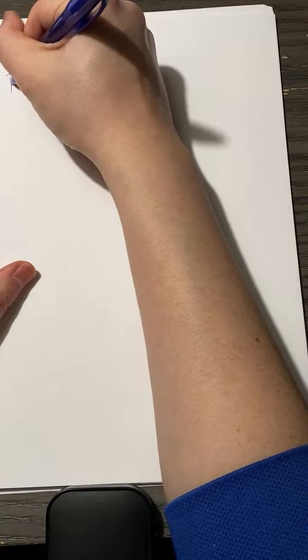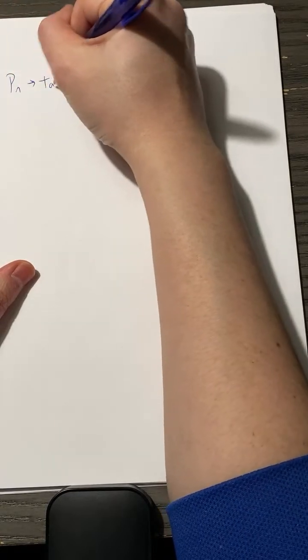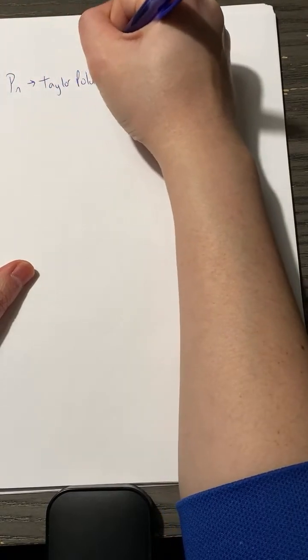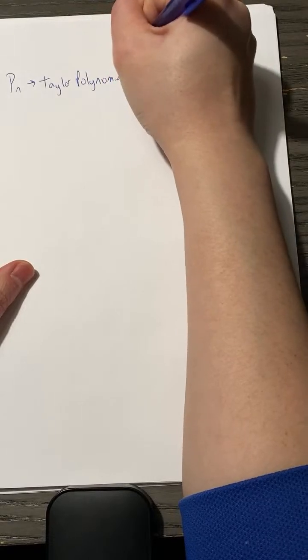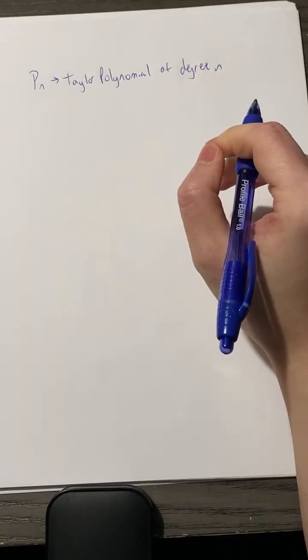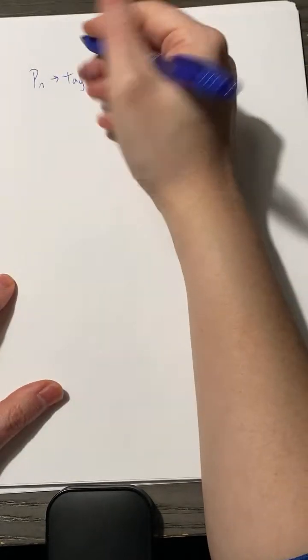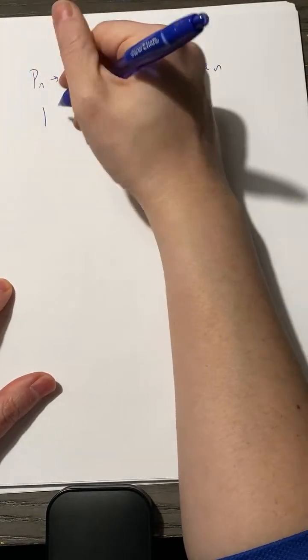So let's do that. And sometimes these Lagrange error bounds have pretty long wording. So let's say Pn is our normal Taylor series polynomial of degree n. And then what are we working with? They give you this bound for the derivatives.